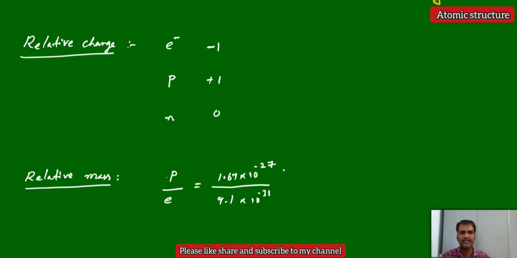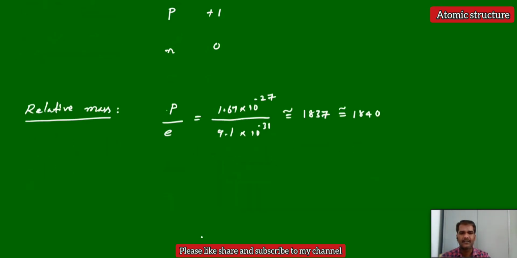Now see these ratio values, approximately you will get 1837. We are not taking the exact values, we have taken approximate values. But originally if you take the values 1.673 something and 9.108 something, you will get 1837. This we can take sometimes as 1840 times. Means the mass of proton is 1840 times the mass of the electron, or 1837 times.